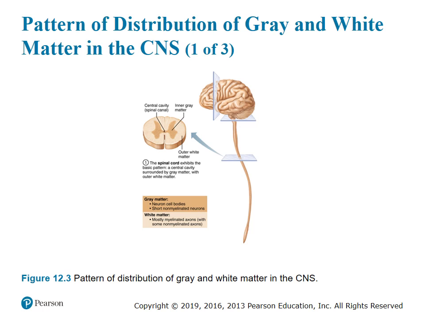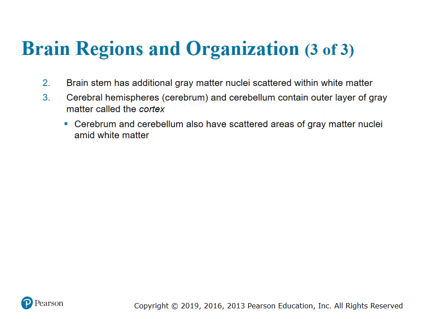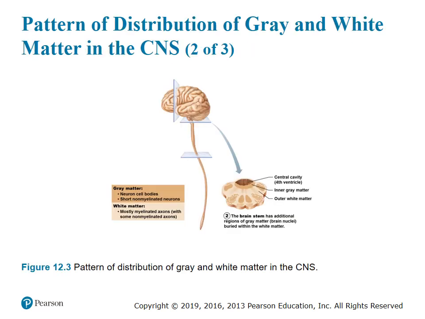But as you can see, as we go up further, it changes slightly. You see the central canal. This is in the brainstem. The central canal cavity's bigger, gray matter, white matter, and then dotted gray matter again. So it changes slightly, but it's almost the same basic pattern. Look at the brain.